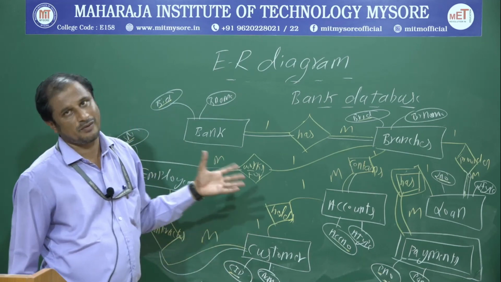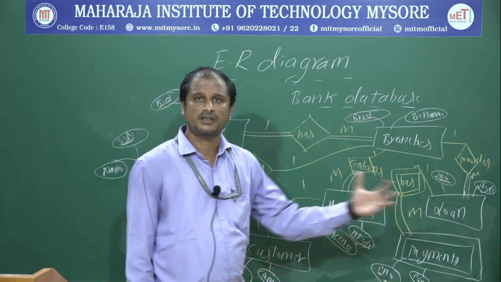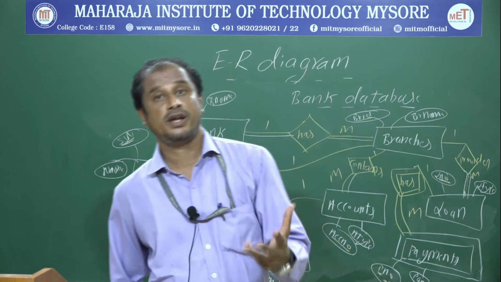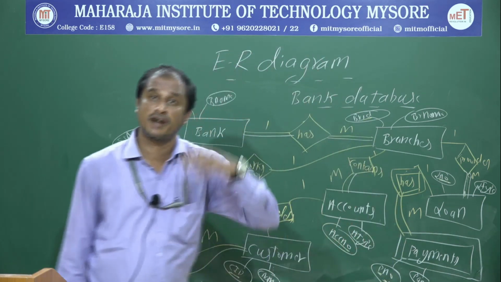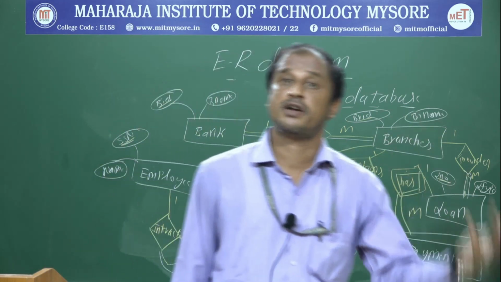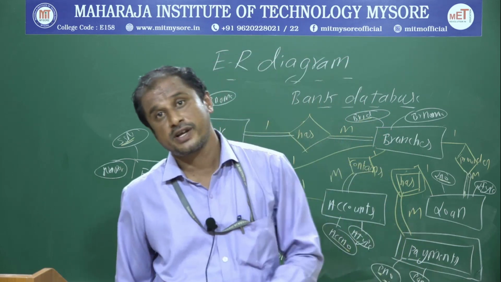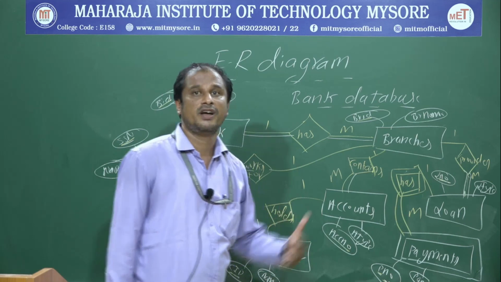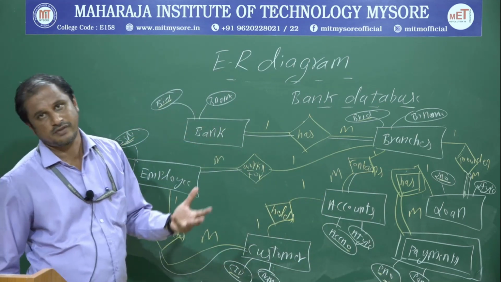It looks very simple like this. But different authors think differently and write an ER diagram with different entities, different representation of relationships, cardinality ratio and participation constraints. The way of thinking is completely different with different authors.